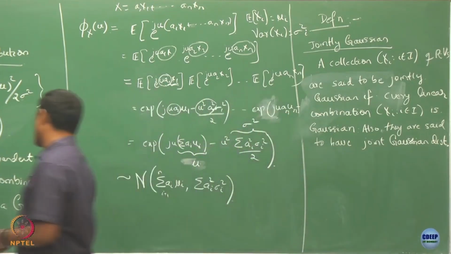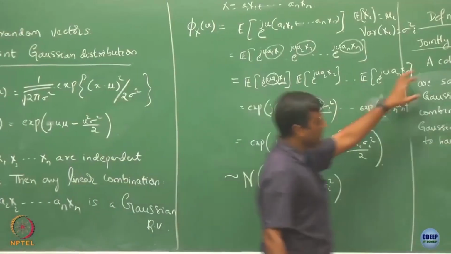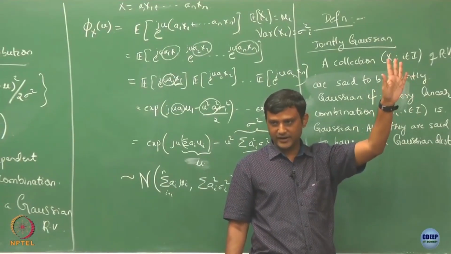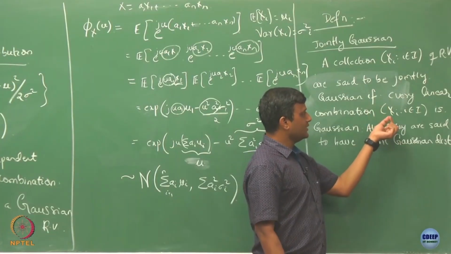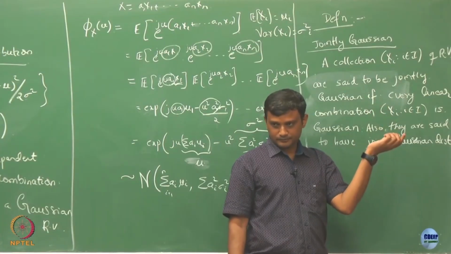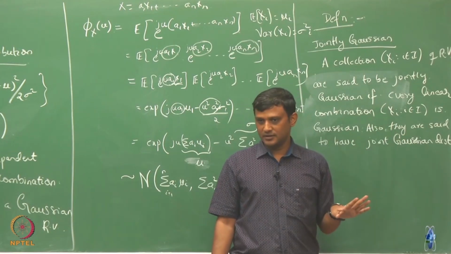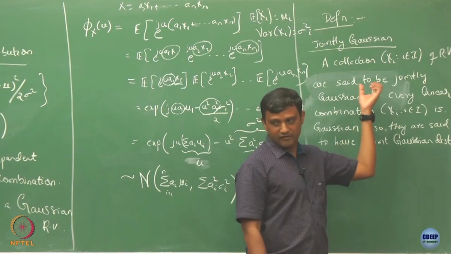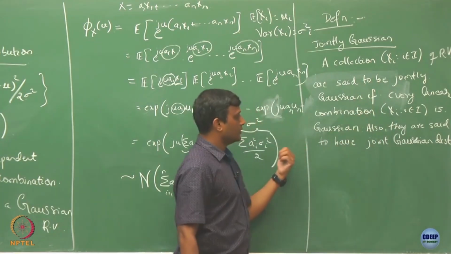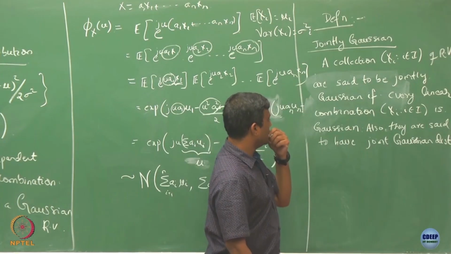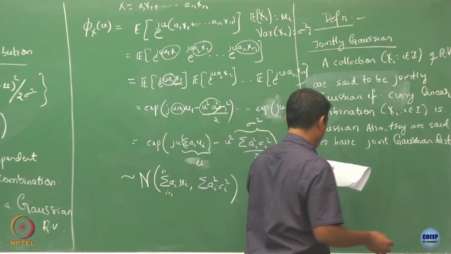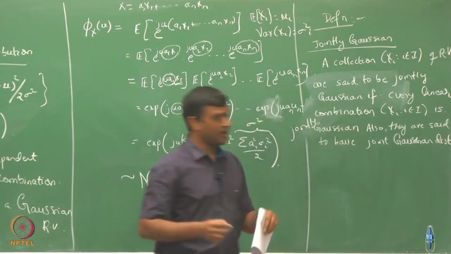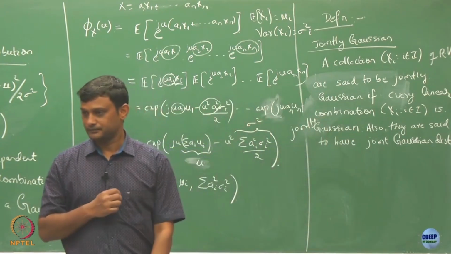What we mean here is you are given a set of random variables. If you take any linear combination of them and it is Gaussian, then you are going to call this set of random variables jointly Gaussian, and they are said to have a Gaussian distribution.